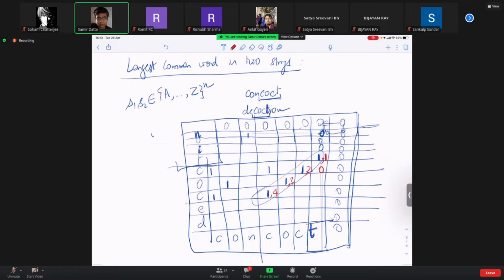Are you with me? Can you repeat the last part? So what I'm saying is you want to see what is the longest word that starts at this position versus, let's say, this position. That is of length 0, correct? This 0. Because the letters do not match.